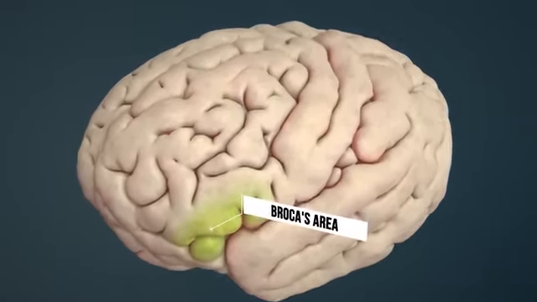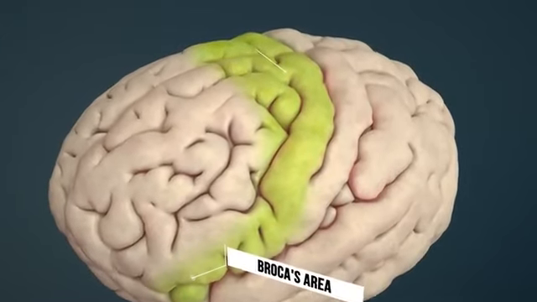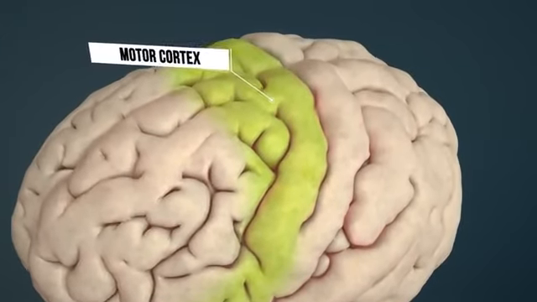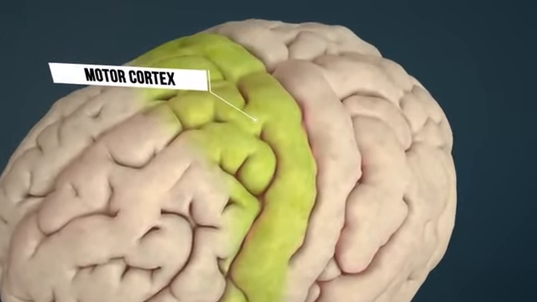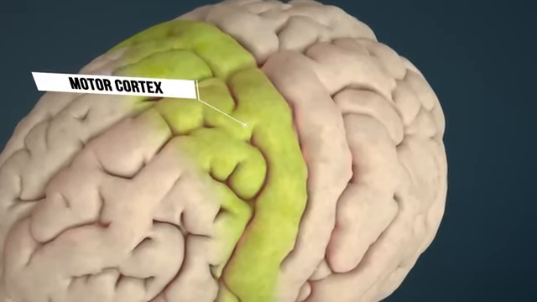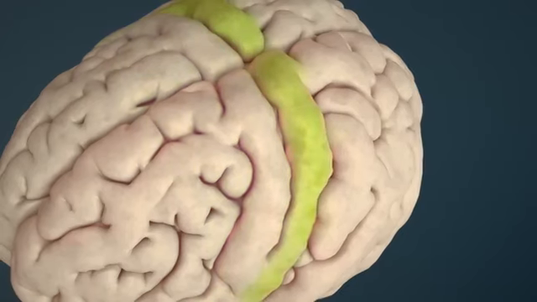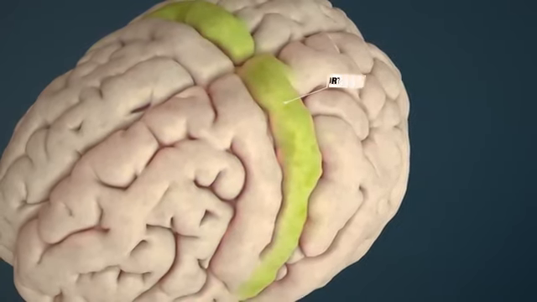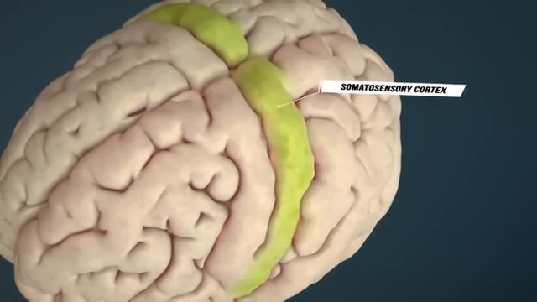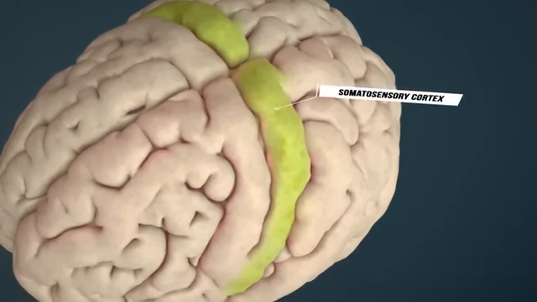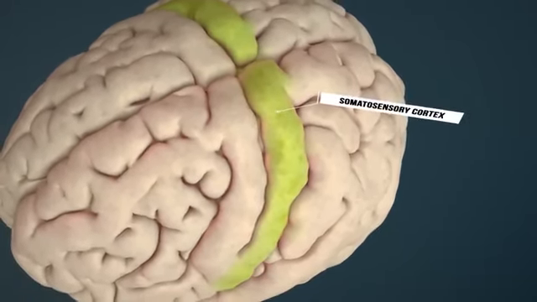Another important area in the frontal lobe is the motor cortex, which cooperates with the cerebellum so that we can carry out voluntary movements. With the help of the directly adjacent somatosensory cortex, which processes information from receptors on the skin, for example, we are able to generate complex movement sequences.